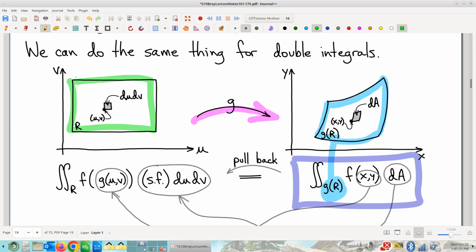Rectangles, of course, are about as nice as you can get. Then the process of doing the pullback, right? Taking how you have x and y as functions of u and v, plugging in, basically, and turning this expression into an expression in terms of u and v will give you a new integral.